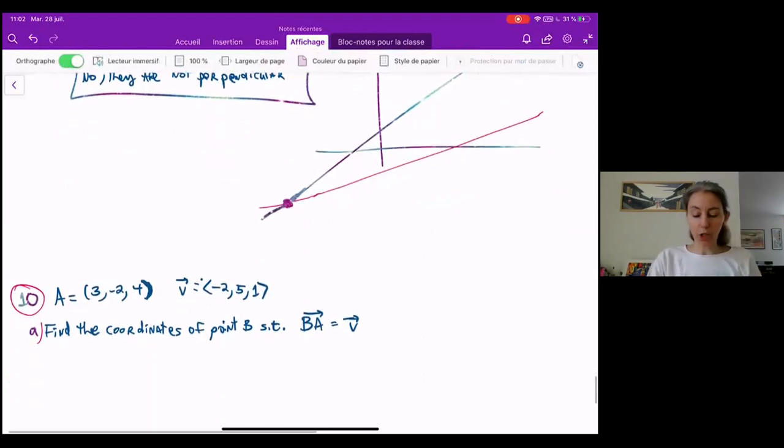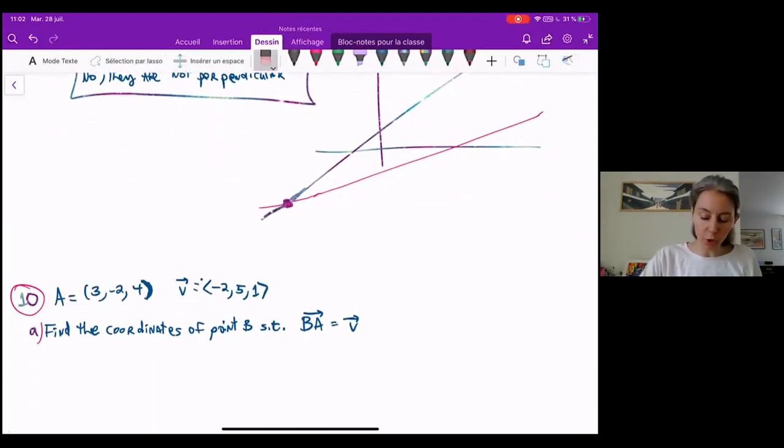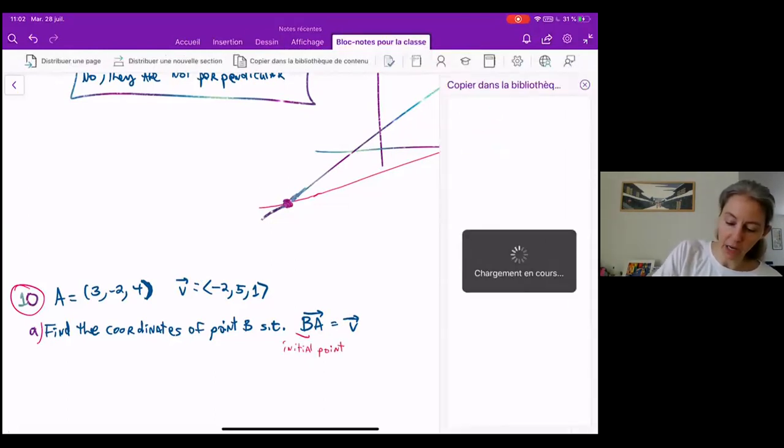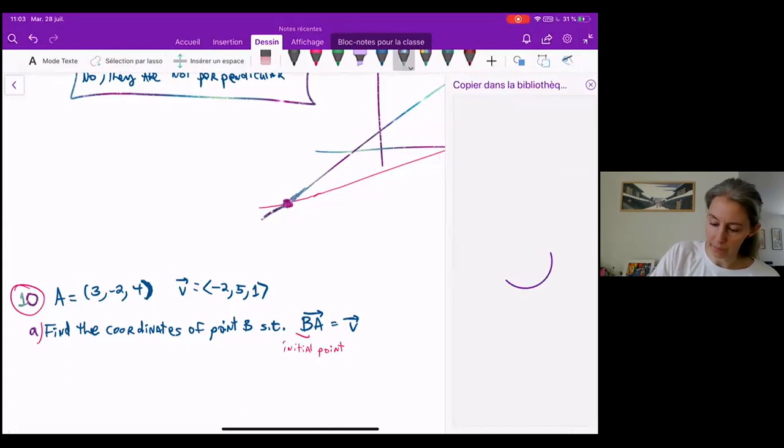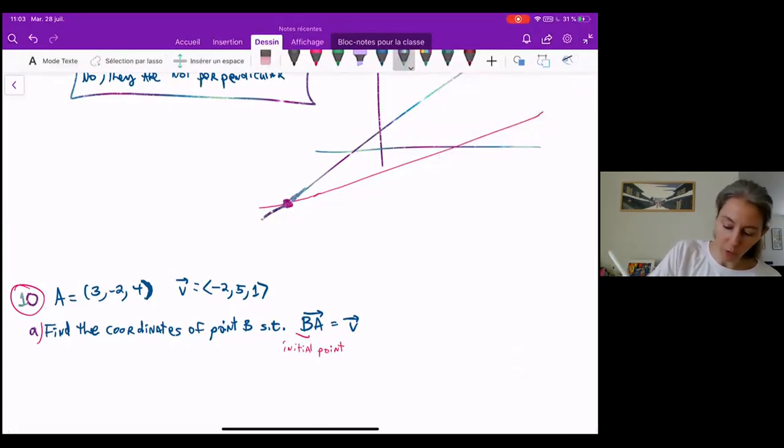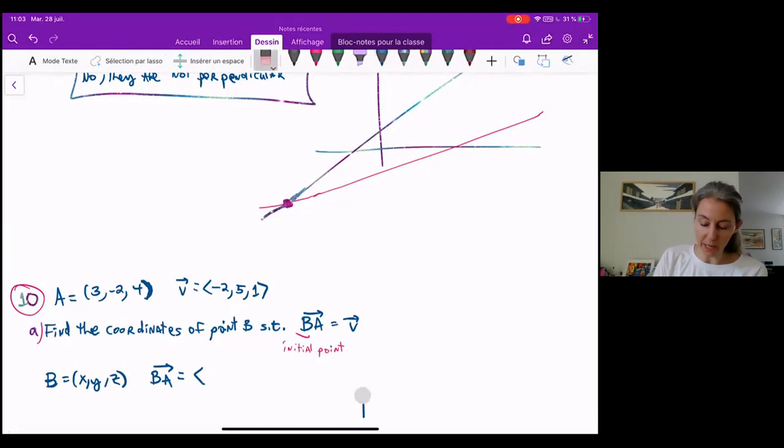Exactly-ish. So I'll just remind you, the vector between 2 points, this is saying that B is going to be my initial point. So let's just say that B is (x, y, z). Then BA, we know, is A minus B.